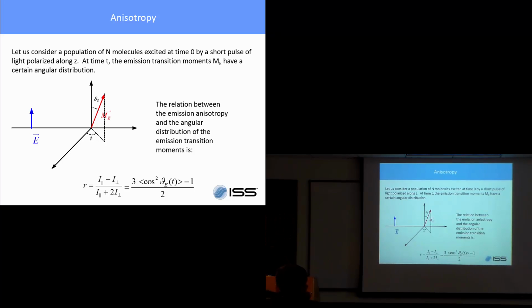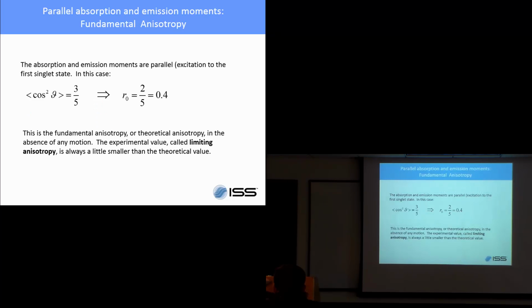So if we do all the calculation, we find that anisotropy is equal to this particular number, where this angle is the average angle made by the emission transition moment of the molecule. And I won't go into the calculation, but the average of this angle is 3/5.